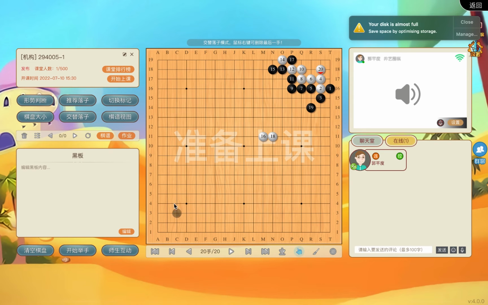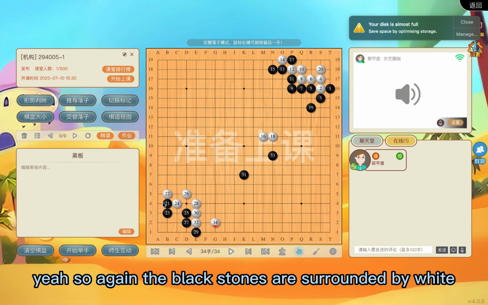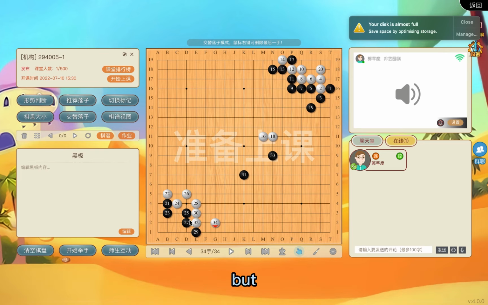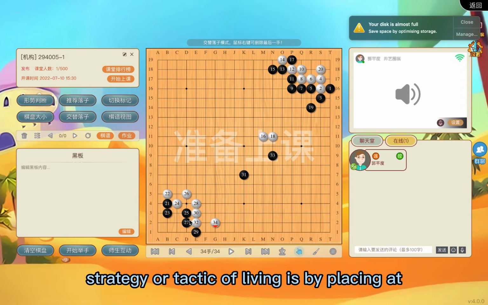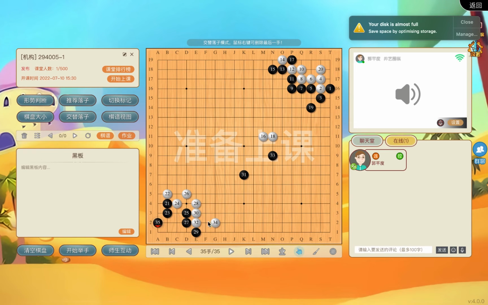Another problem on the left side corner, let me first get it straight here. Yeah, so again, the black stones are surrounded by white, but the strategy or tactic of living is by placing at this step.